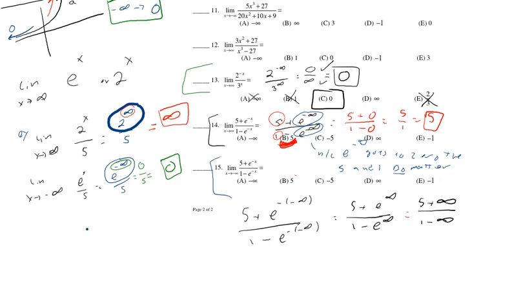So I have infinity over negative infinity. Infinity divided by negative infinity. And what do we know about that? How do we deal with infinity over negative infinity? What can I do about that?